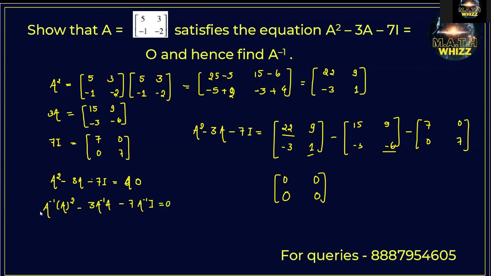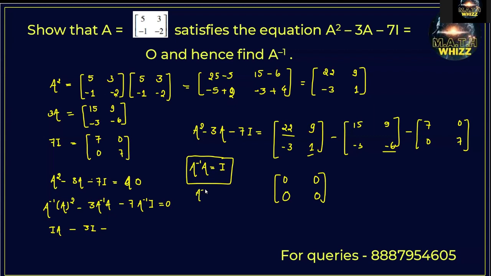A inverse A becomes the identity matrix. This is the property you have to know when solving this question. A inverse A equals the identity matrix, so this becomes I times A, and this becomes 3 times I, minus 7 times A inverse.